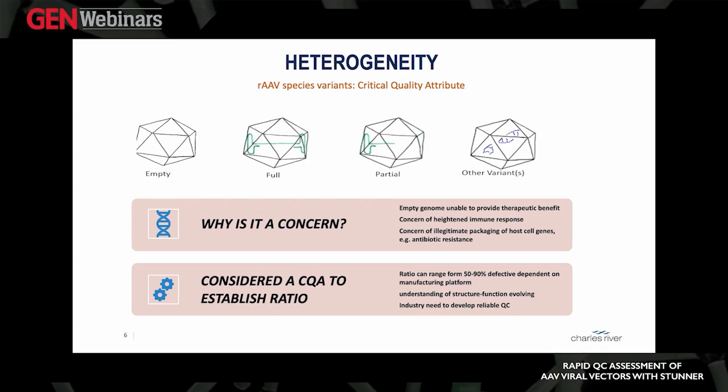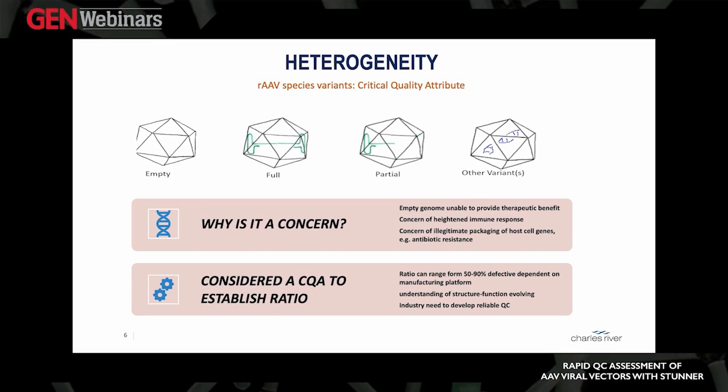Most obviously is that an empty particle is unable to deliver the therapeutic benefit, but from a safety perspective, there is a concern of a heightened immune response from a patient's total capsid exposure from all of these particles. Additionally, the potential of illegitimate packaging of host cell genes can be concerning if they package an antibiotic resistance gene or oncogene that will be unintentionally delivered to the patient.